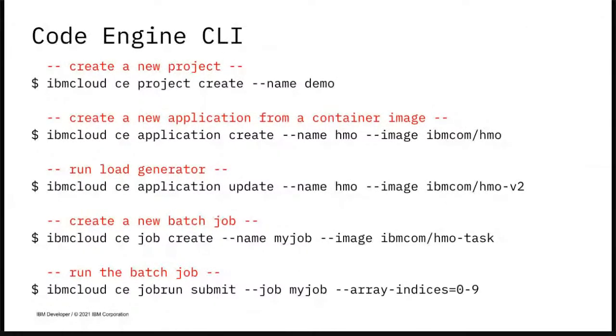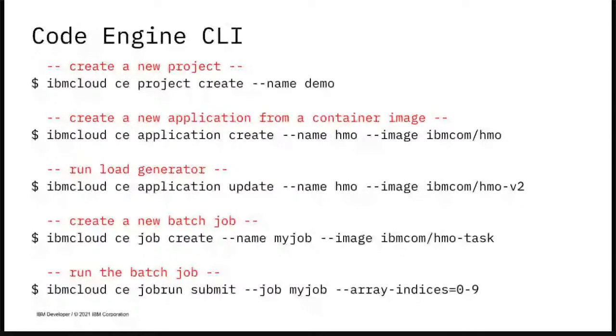As you'll see, once we work through the workshop today, everything that we do today can actually be done in 5 commands. So it's very quick and easy to work with Code Engine from the Code Engine console, as well as the command line. A lot of times it can be a lot of clicking in the console, or a ton of commands to do a minimal amount of work.